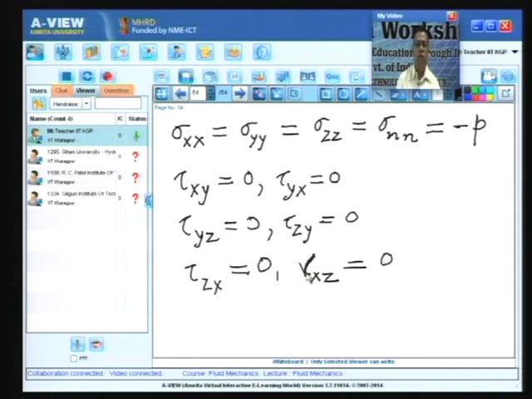So, the shear stress on any plane is 0 and the normal stress has the same magnitude at a given point, but of course, it can vary from point to point. So, this P at two different points will be different in general.